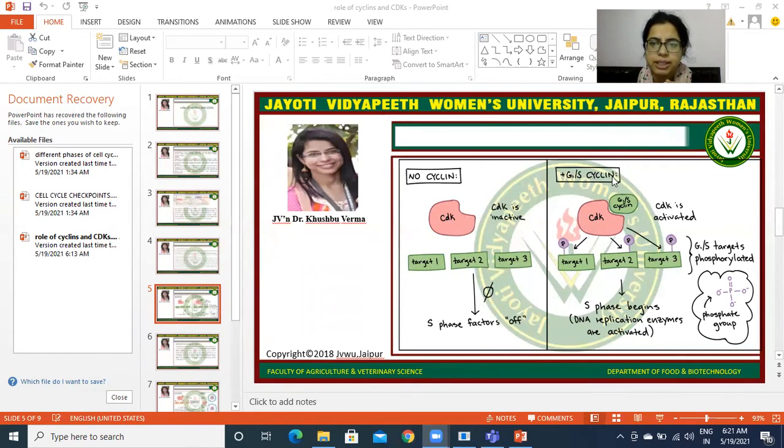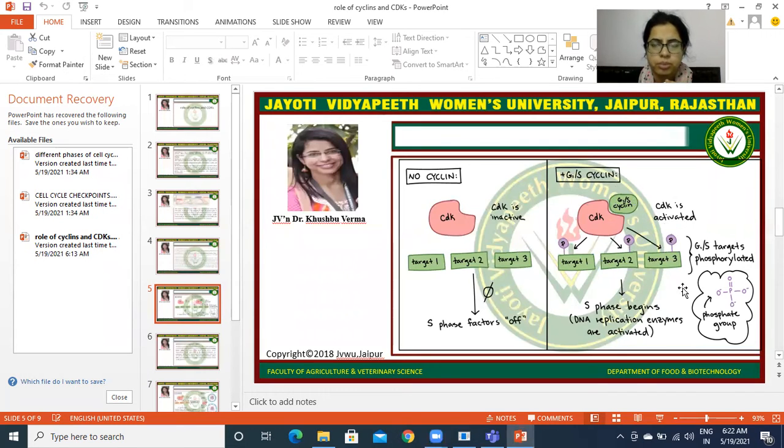If G1 and S cyclin is present, it will bind to the CDK, which activates it. Now this CDK will phosphorylate its respective targets. Here you can see target 1 is phosphorylated, 2 is also phosphorylated, and the third one is also phosphorylated.